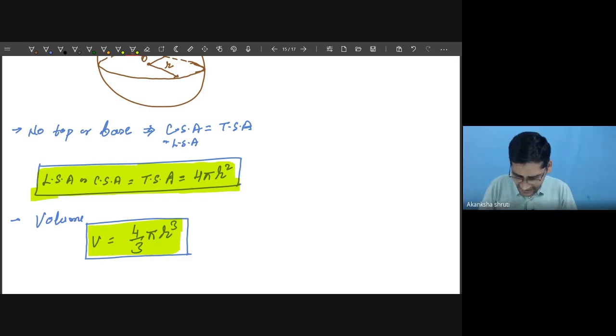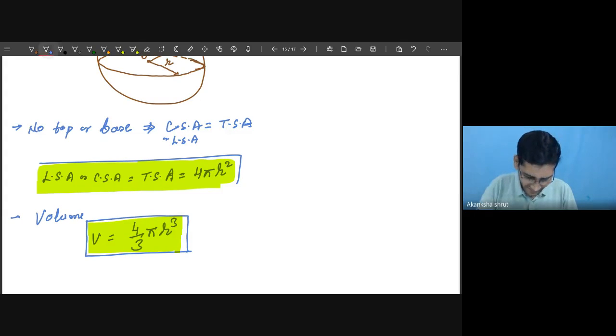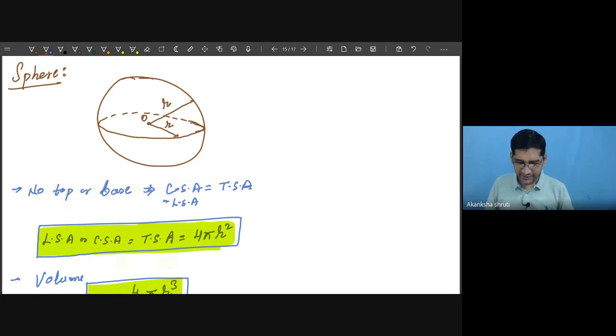You shall keep that difference in mind to avoid confusion. Otherwise, these things create confusion. So these two are the only formulas. So it was about the sphere.